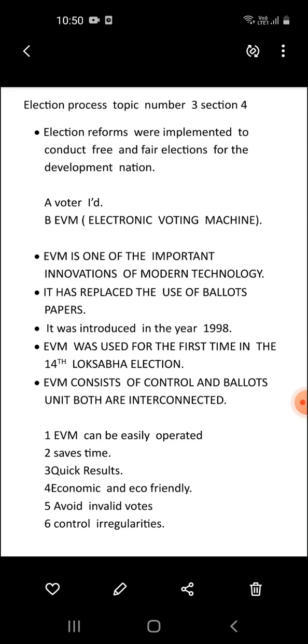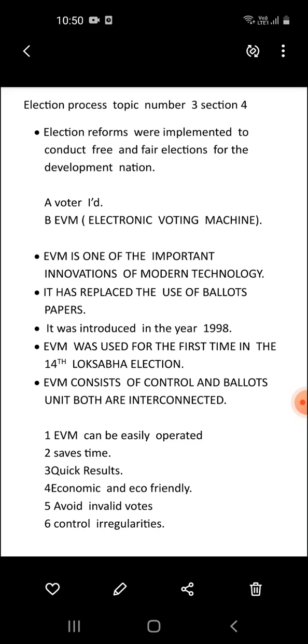Now the second reform, that is EVM, electronic voting machine. EVM is one of the important inventions of modern technology. It has replaced the system of ballot box and ballot papers.